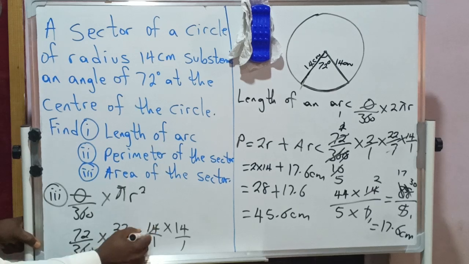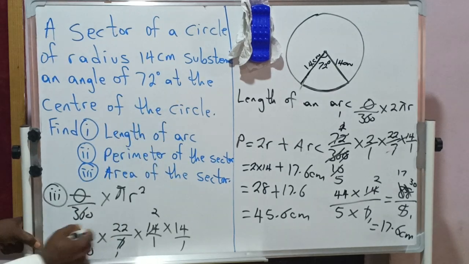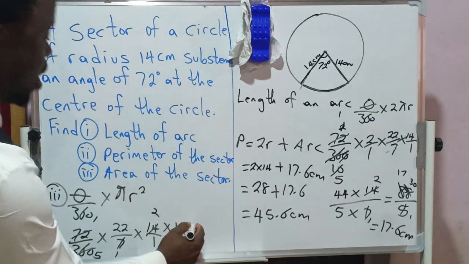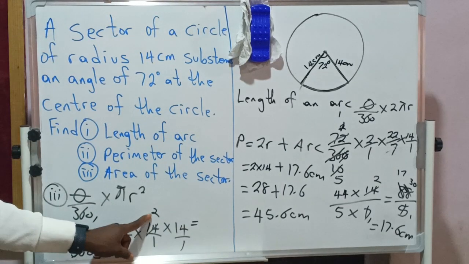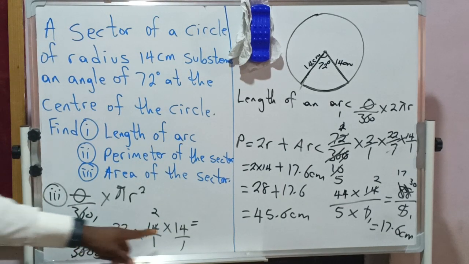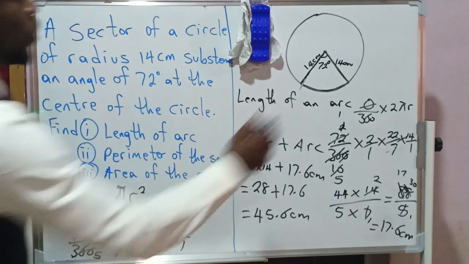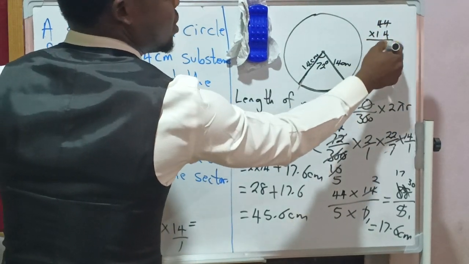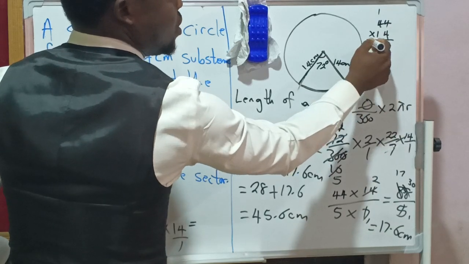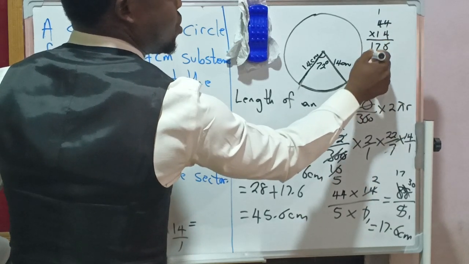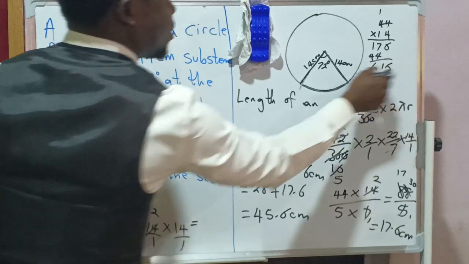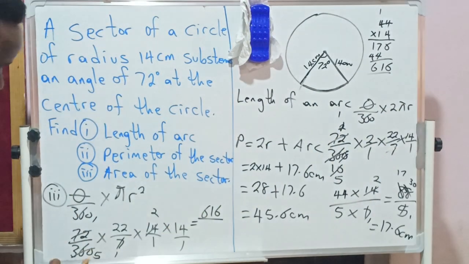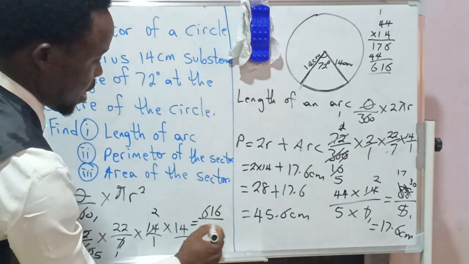So I can say here 1, here is 2. Remember, here will give us 1, here will give us 5. So indirectly we have 22 times 2, that is 44. Now 44 times 14. We check 44 times 14, that is 616. 616 divided by 5 times 1, which is 5.